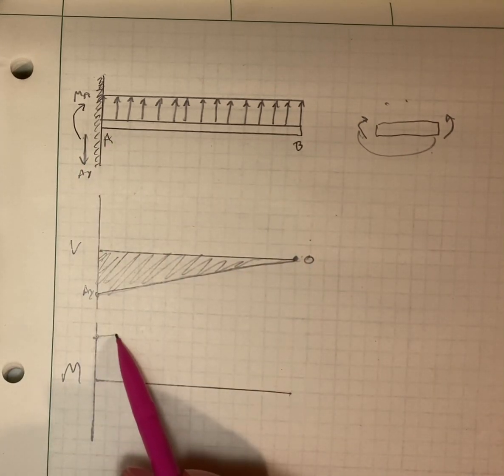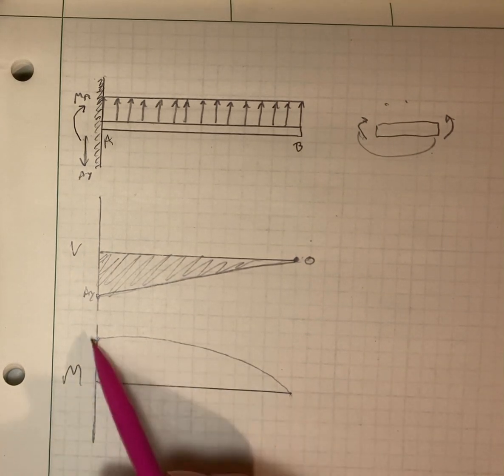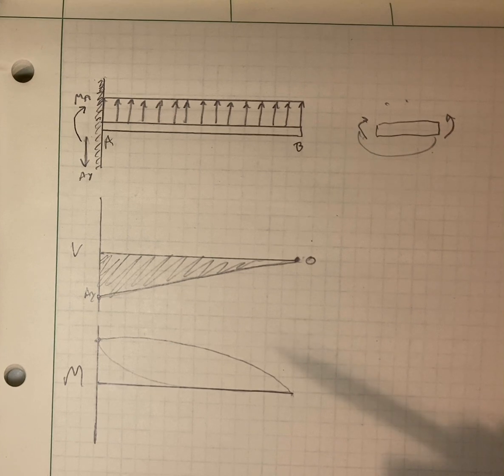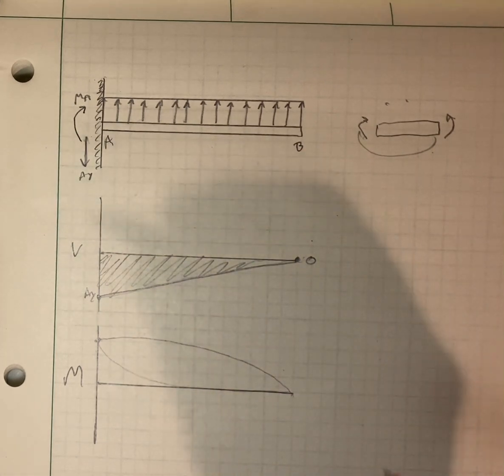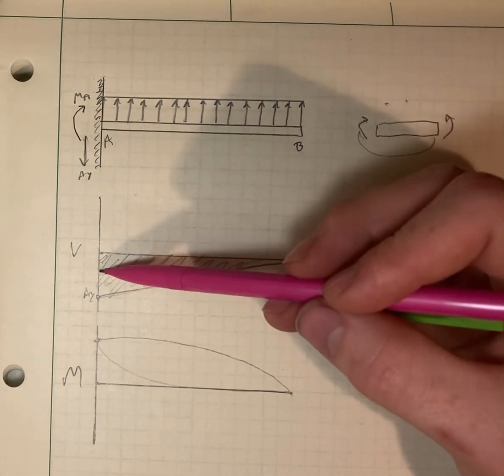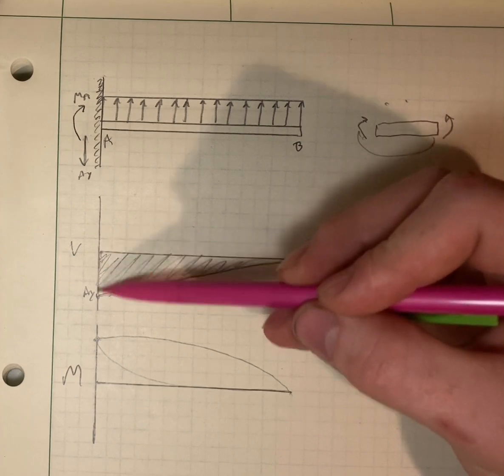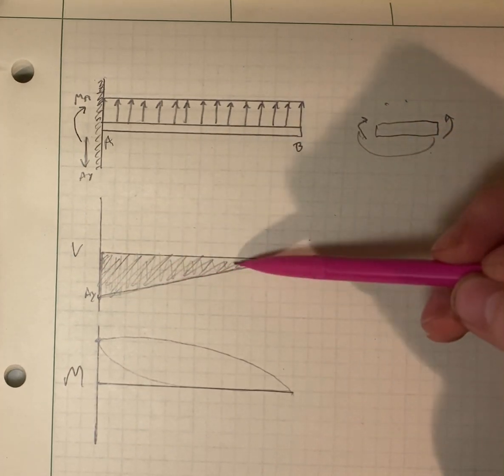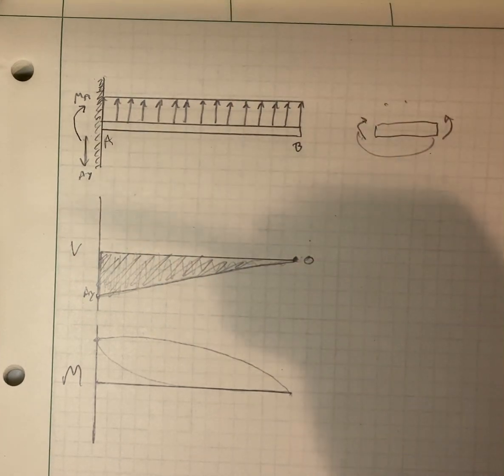So we're either going to have it like that or like that, right? Because it's parabolic, and those are our two options. So which one is it? Well, the way I like to think of it is here at the start of the shear graph, we're very negative, right? And we're slightly getting less negative as we come back to 0.